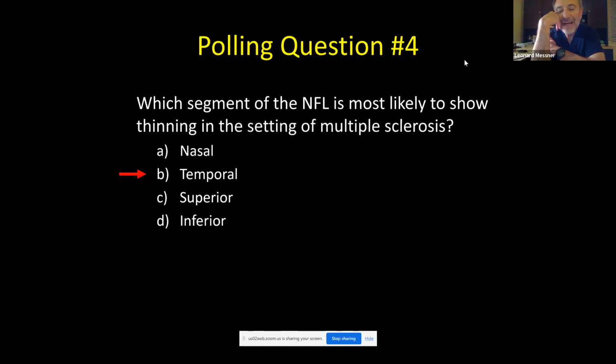If it's outside the realm of an academic medical center, it's iffy. But the best thing I can tell you is that the literature supports the use of OCT as a surrogate biomarker. It's just that simple.